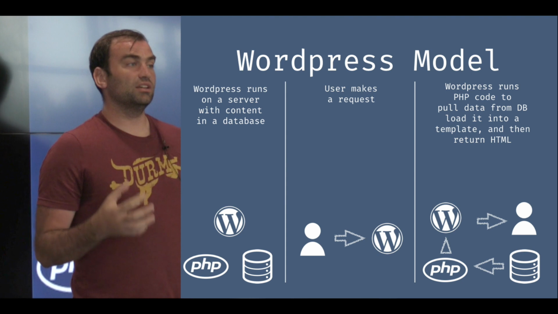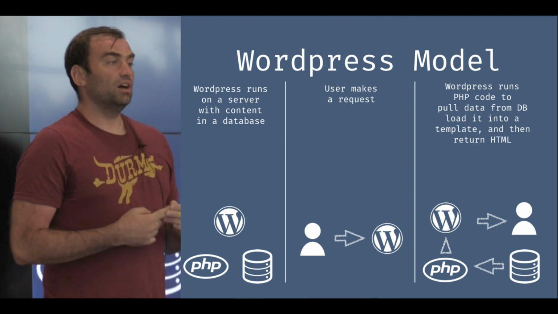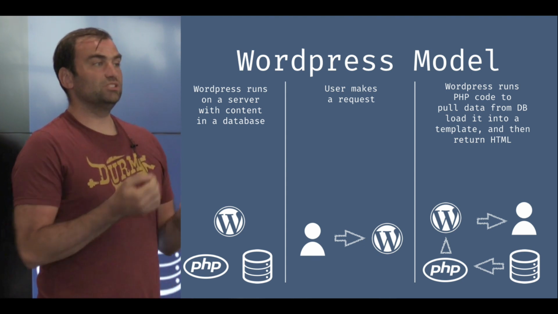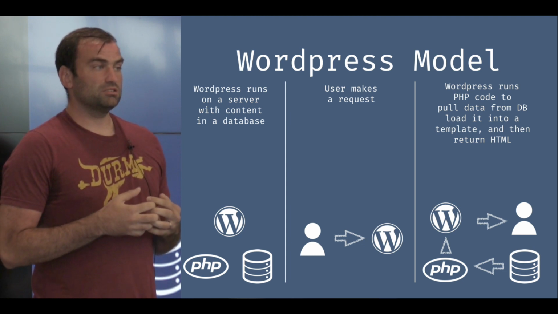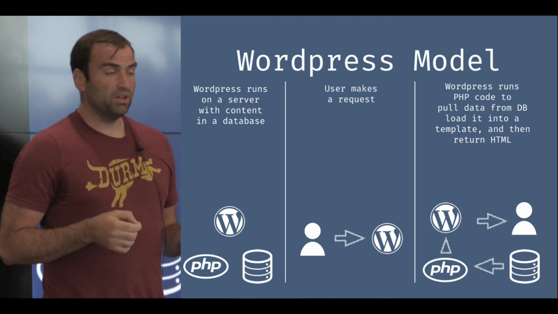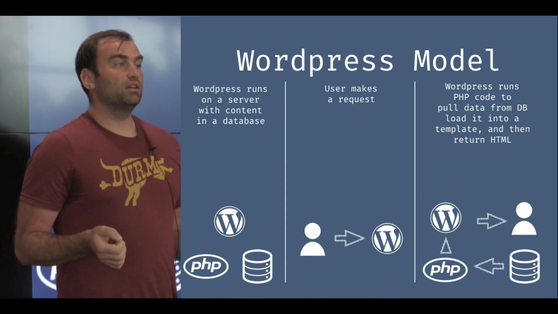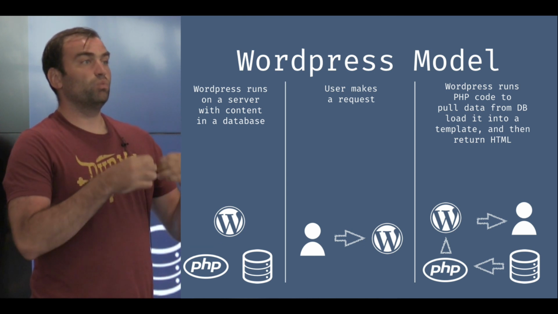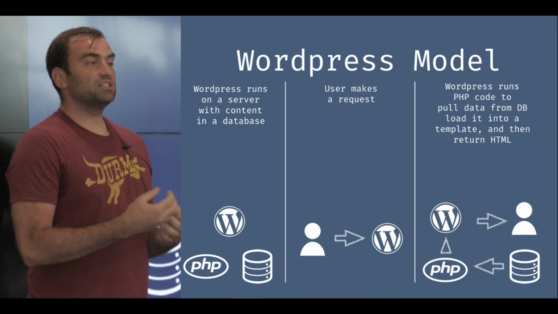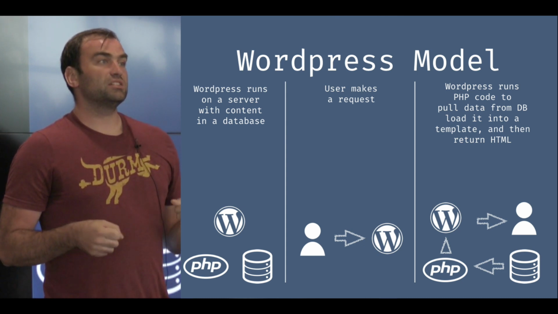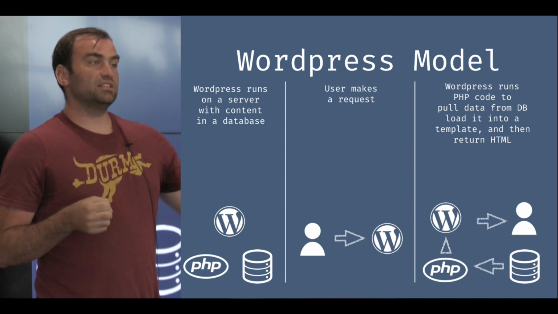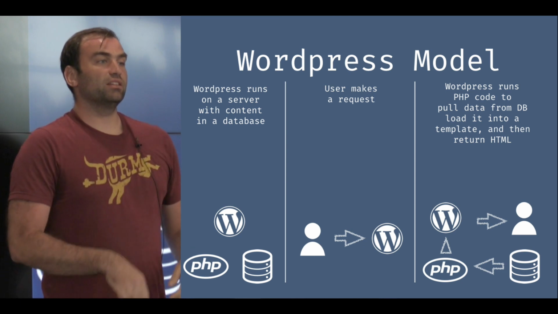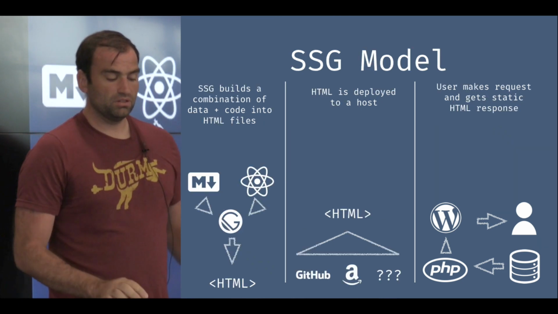You have WordPress sitting on a server with a database, similar to the setup we just saw with the Go containers possibly, and nothing is happening. When a user makes a request, the web server receives the request and passes it on to WordPress. WordPress takes data from the database, takes a template, matches those together and returns HTML.